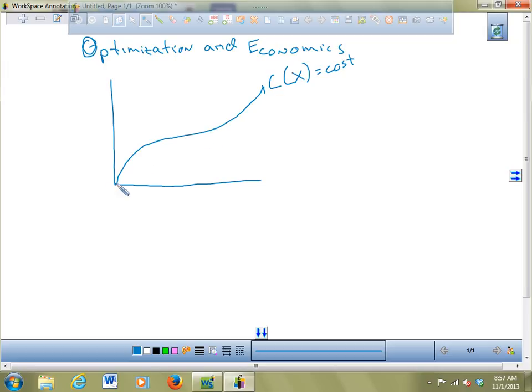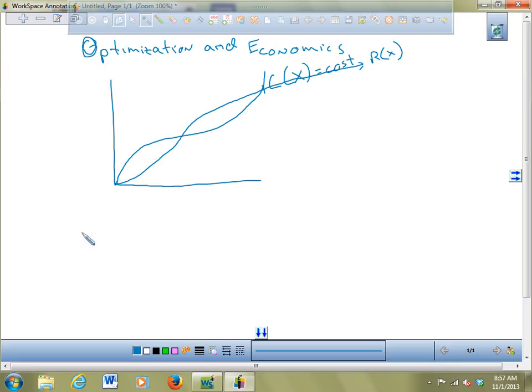Then you have a revenue equation, and at the beginning, you're not making any money, and then maybe the revenue goes up very fast, and then maybe the revenue goes up slower after the market gets saturated. So revenue is not like your profit.